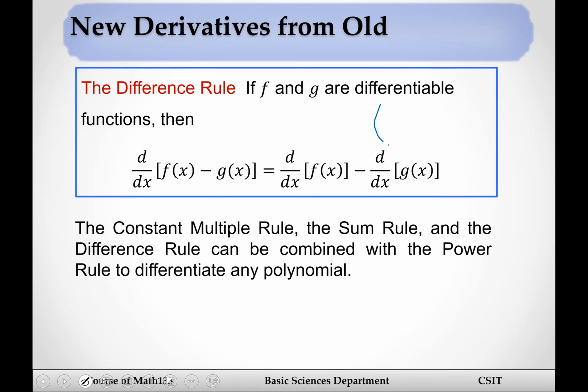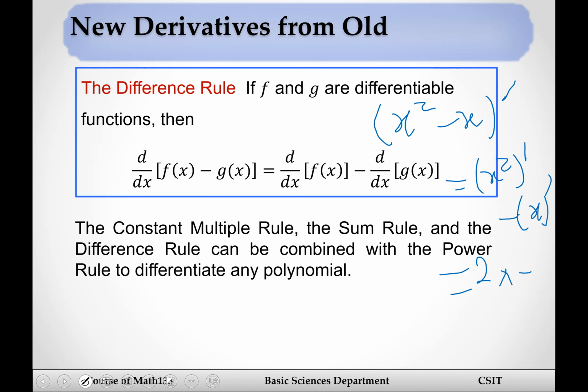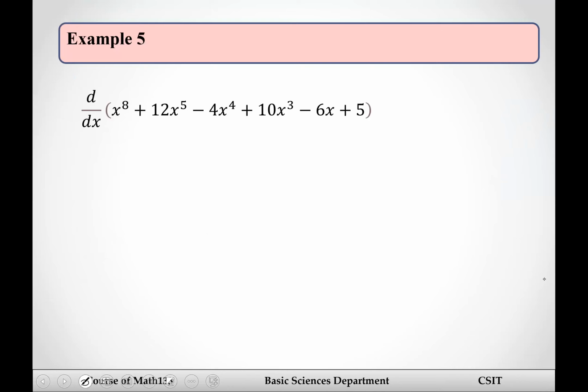It means that if you have, for example, the derivative of x^2 minus x, you can write it as the derivative of x^2 minus the derivative of x, and just compute: this is 2x and this is minus 1. That's it. Look at this example also, we have a sum and difference of many monomials here. So we can separate each one. We start with this one, then this one, and so on.